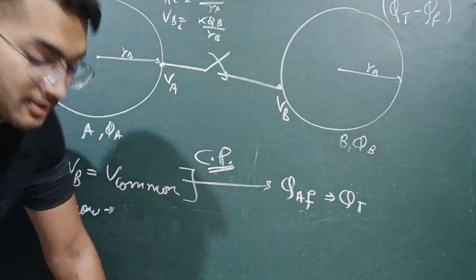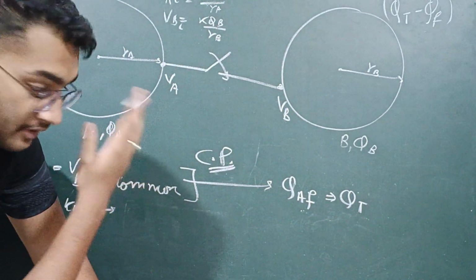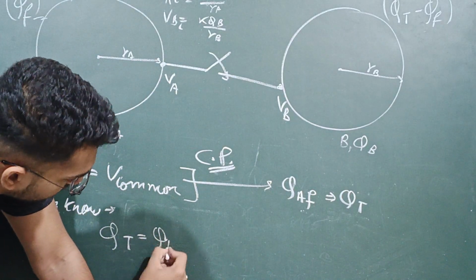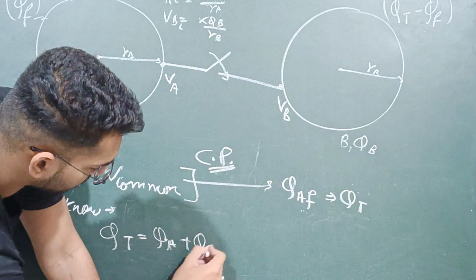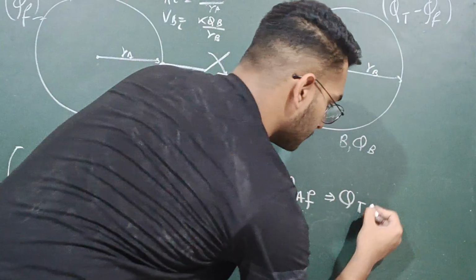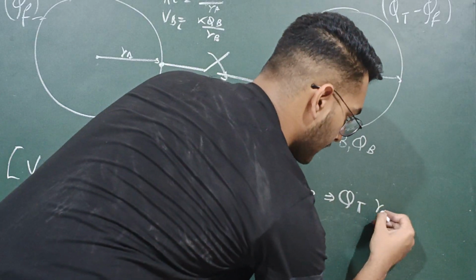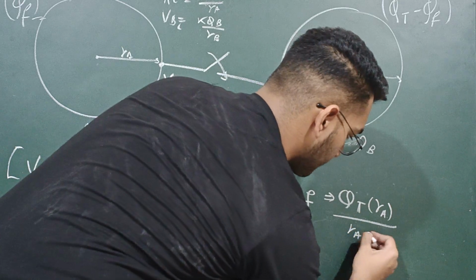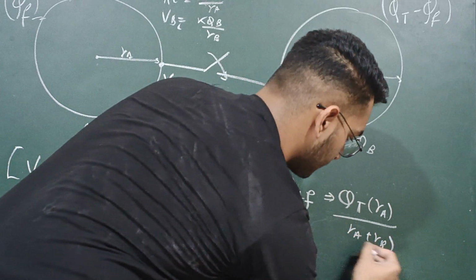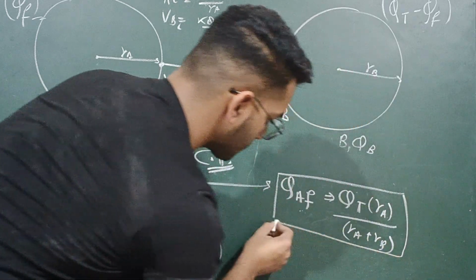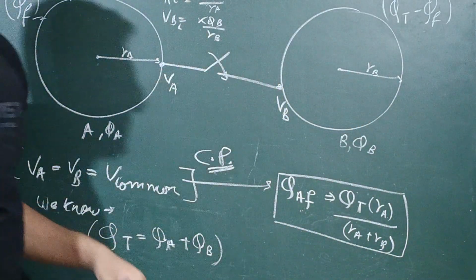That's the addition of QA and QB, that were the initial charges, like QT equals QA plus QB. This is the total charge in the system. QT times the radius of A divided by RA plus RB. So that's the first equation.